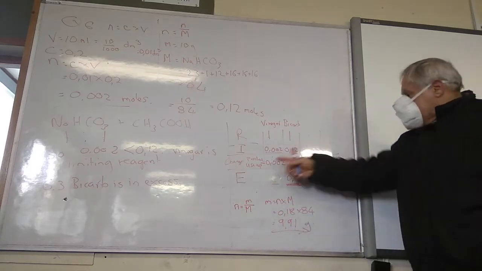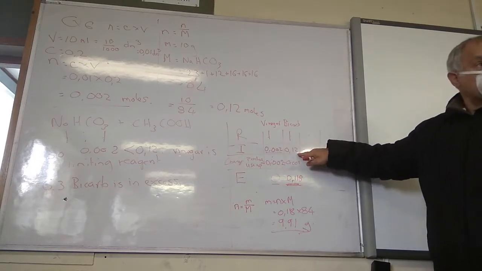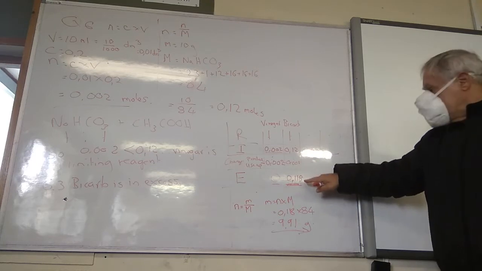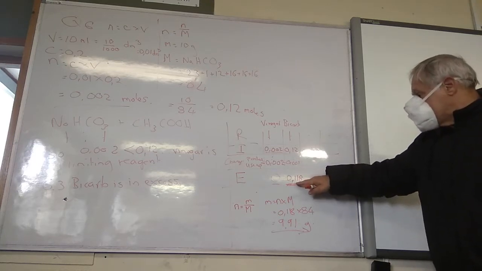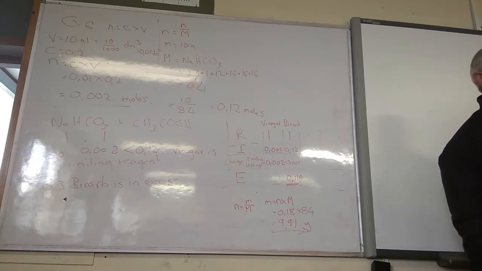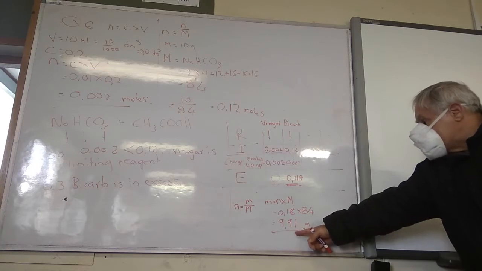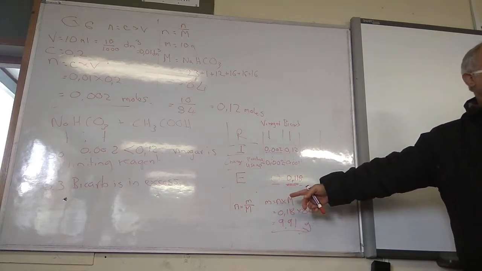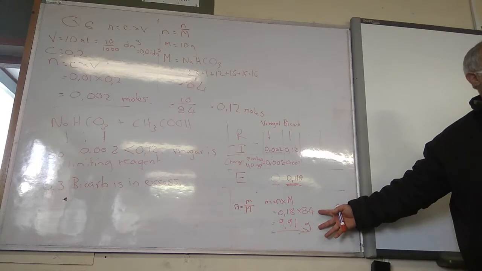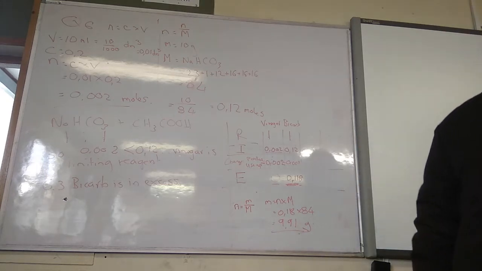But then we also, at the same time, 1:1 used up 0.02 of the bicarb. So then we end that minus that equals, that's how many moles of bicarb we ended with. But they don't want number of moles of bicarb, they want mass of bicarb. So then we convert that moles to mass using the same formula. And we end up with a mass of bicarb. Does that make sense? Yes. What is 6.3 constants?